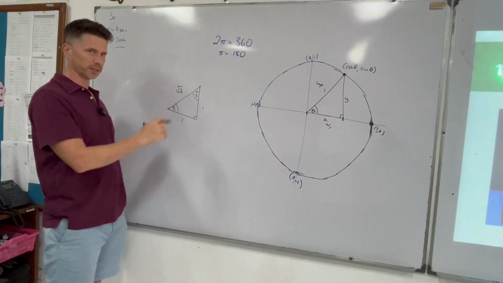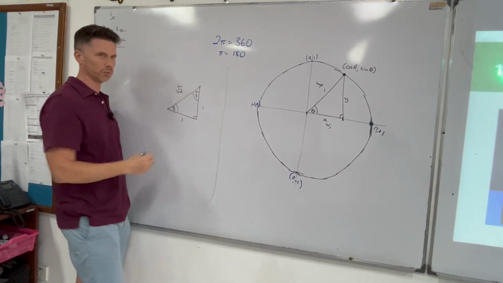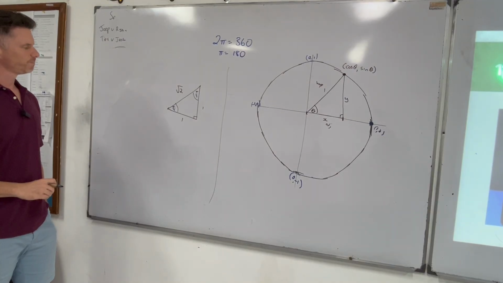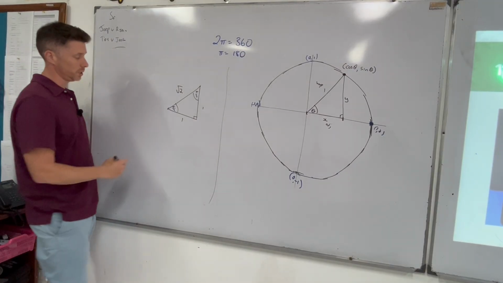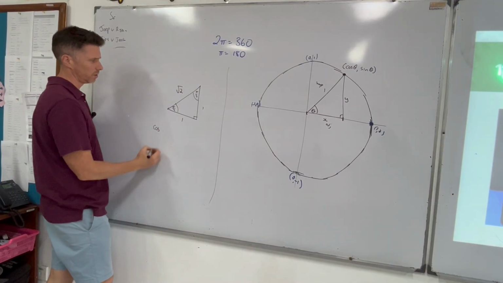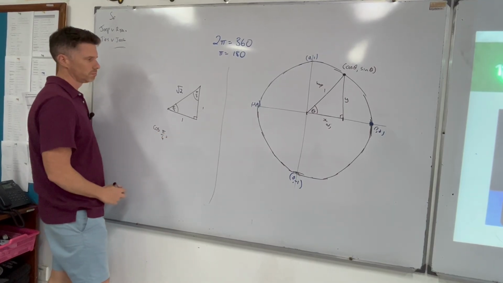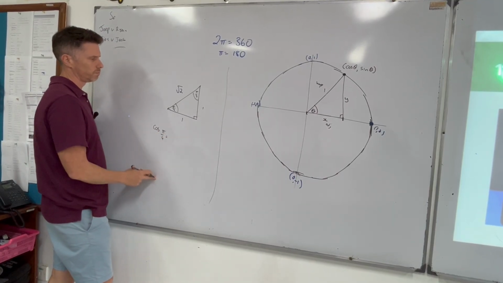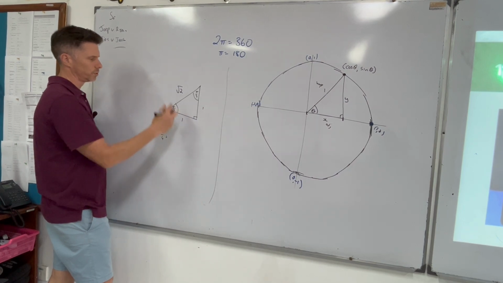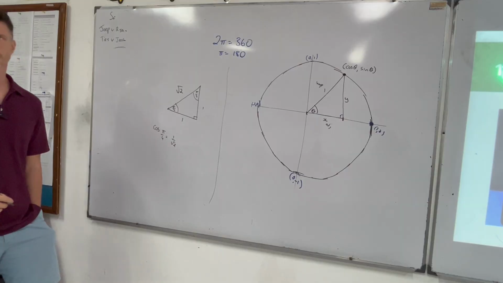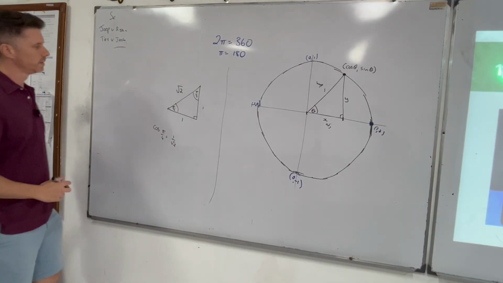This is just pulling aside from the unit circle our known triangles, so we can start to put them in the unit circle. What then would be the cosine of pi over 4 from this? 1 over root 2. So we're going to stick with radians as much as possible now, so just get used to it.